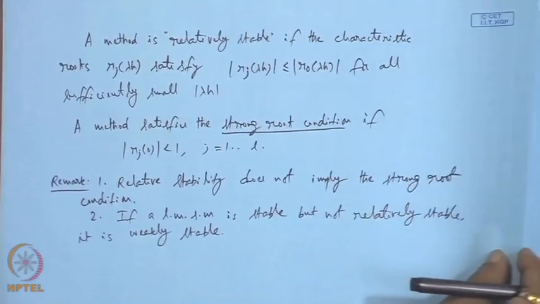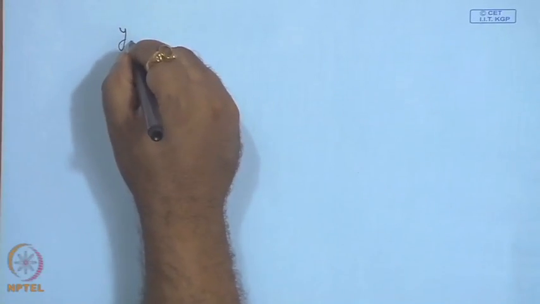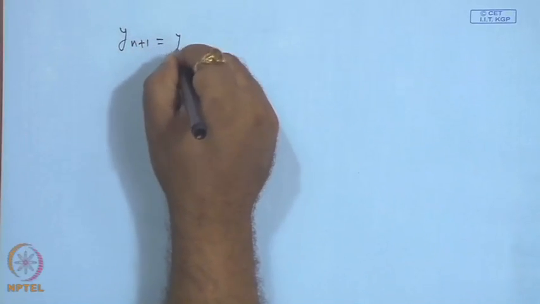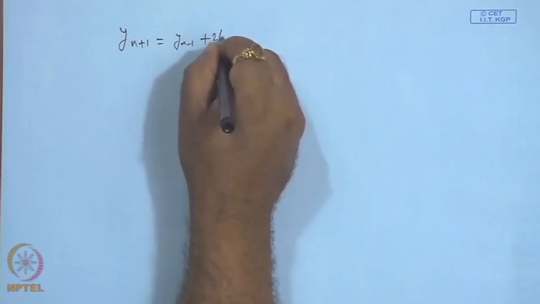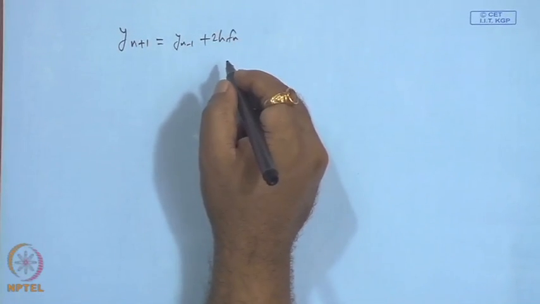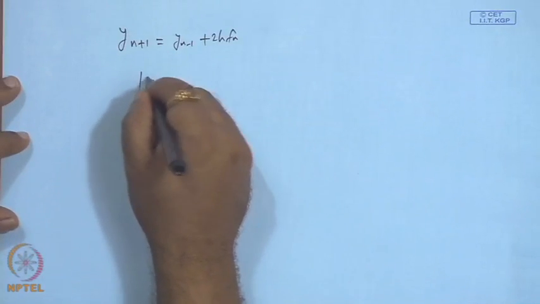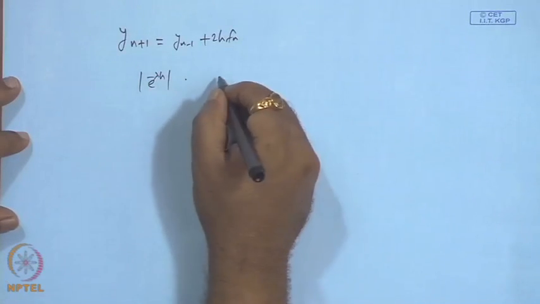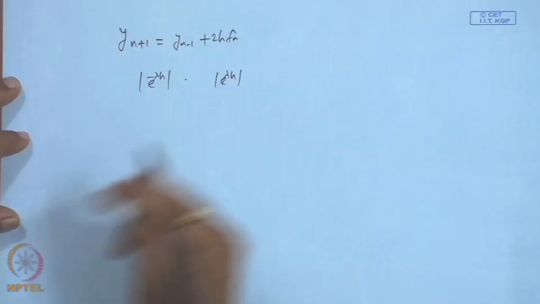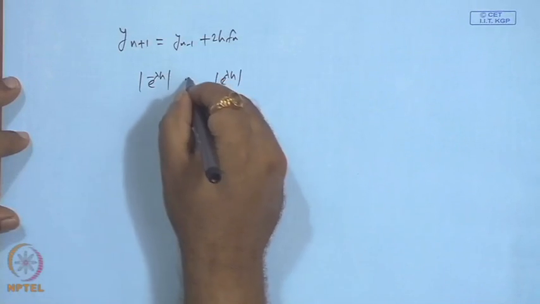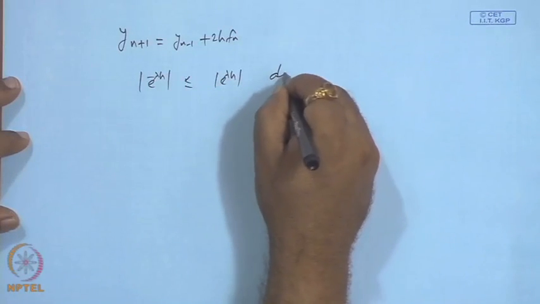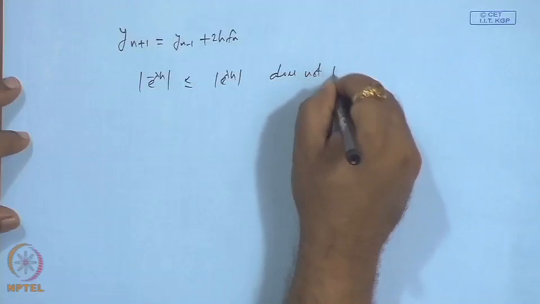So, for example, the case y n plus 1 minus y n minus 1 equals 2 h f n. In this case we have seen that the condition does not hold.